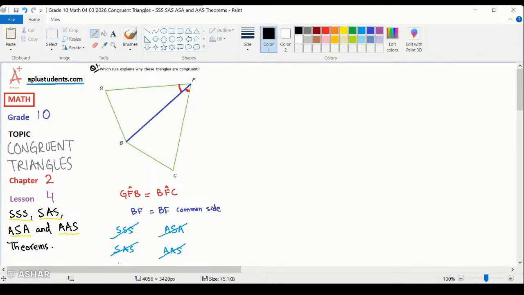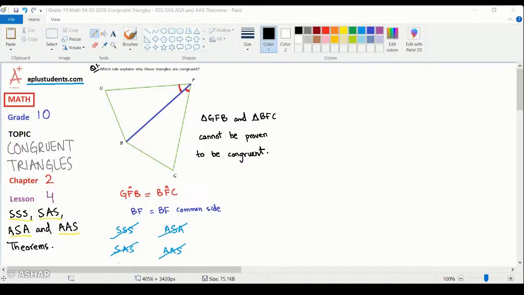So the answer for this question is: the triangle GFB and the triangle BFC cannot be proven to be congruent, because out of the four theorems that we have, we cannot apply any theorem onto this question, right?